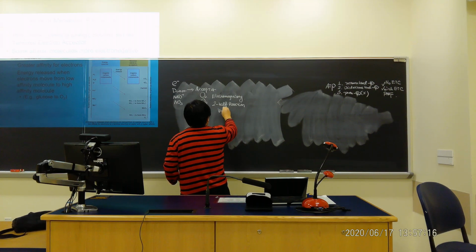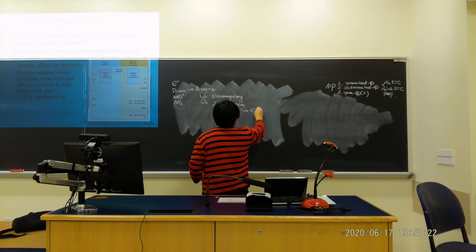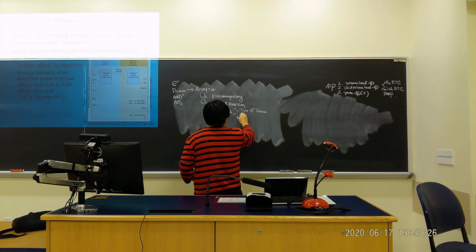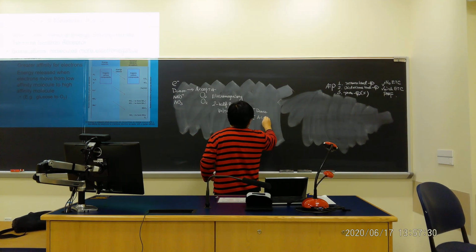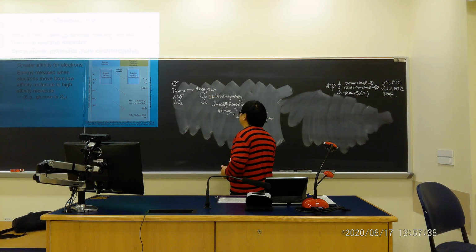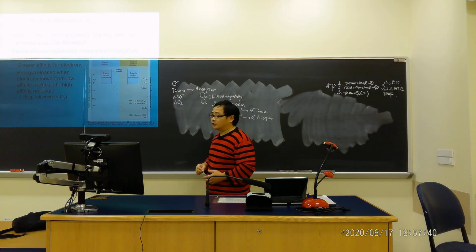If the voltage value is more negative, it is more prone to be an electron donor, and more positive tends to be an electron acceptor. So there are two ways to explain that. One is electronegativity, the second is they're doing a two-half reaction to see the voltage value of those chemicals.